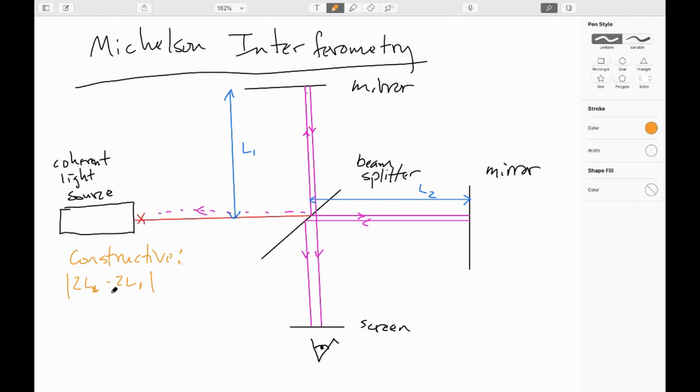I need this round trip distance difference to be equal to some integer number of wavelengths. So I can pull a 2 out of this: 2 times (L2 minus L1) equals m lambda. So I'll have constructive interference if L2 minus L1 equals m lambda over 2.